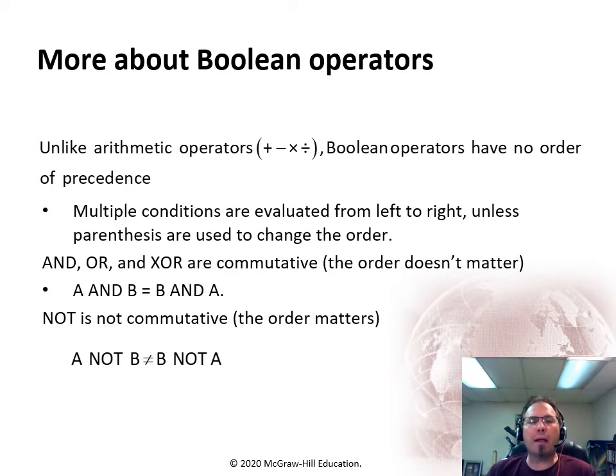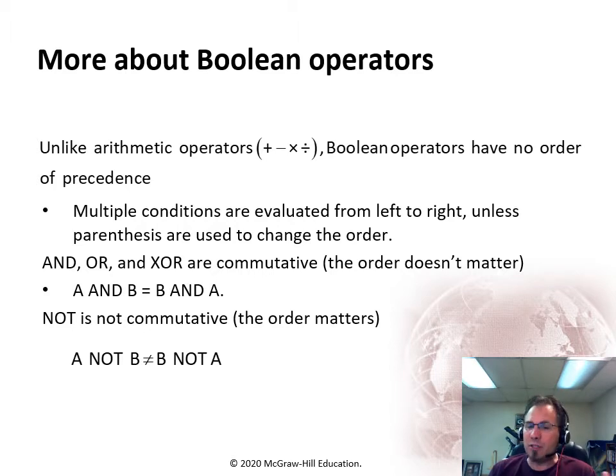So unlike arithmetic operators, Booleans have no order of preference. You could do multiple conditions that run left to right. However, you can use parentheses, which I'll show you in a second, to change the order. And and or XOR are commutative, so the order doesn't matter.